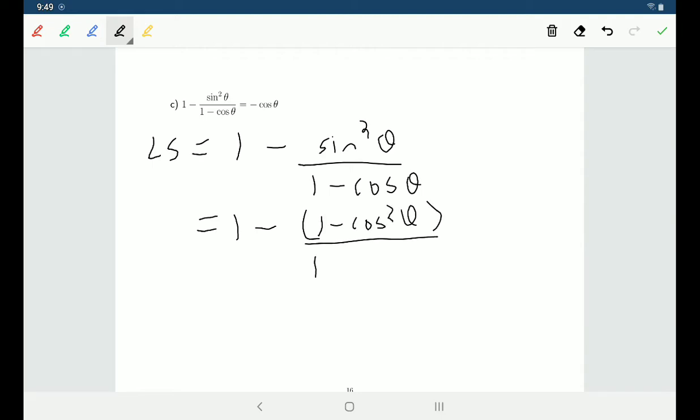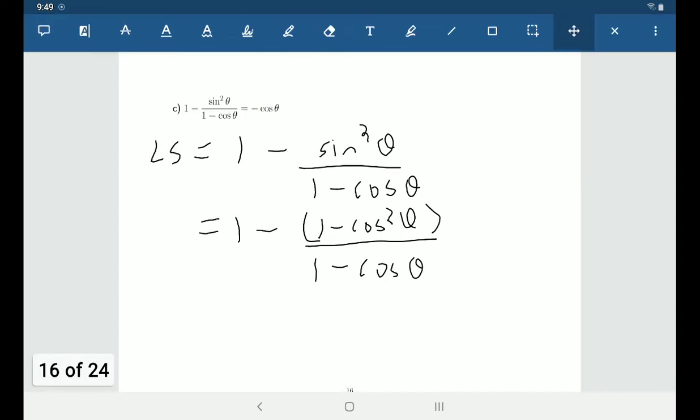And the reason I thought about doing that, not just because I saw a sine squared, but because I'm thinking about where I'm going. The right side of the equation doesn't have any sines in it, so it makes sense to get rid of the sines and turn them into cosines if possible. So that's what I've done here.